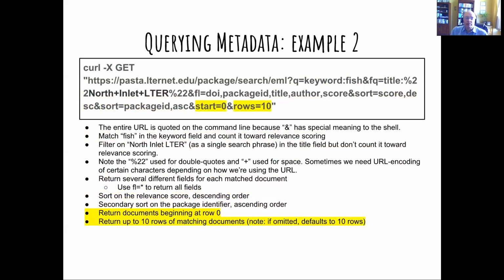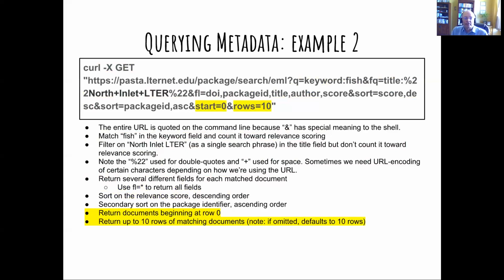The final two query parameters, start equals 0 and rows equals 10, ask for SOLR to return 10 rows starting at index 0. If we were implementing a web application that pages through its search results 10 documents at a time, we would display the first 10 documents to the user, and if more than 10 documents were matched and the user were to select the next button, we would rerun this query, but this time specifying start equals 10 and rows equals 10 for page 2, and then start equals 20 and rows equals 10 for page 3, and so forth.